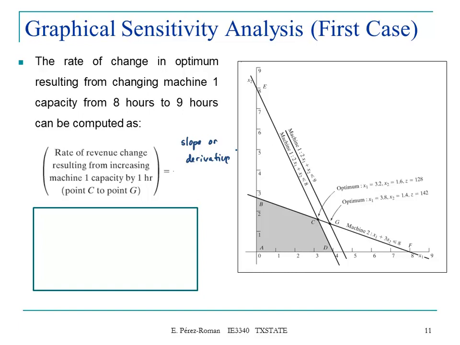And in this case, for the example we are looking at the slope from G to C. So Z of G minus Z of C divided by the capacity change, and that will be 142 minus 128 divided by 9 minus 8, and this equals $14 an hour.